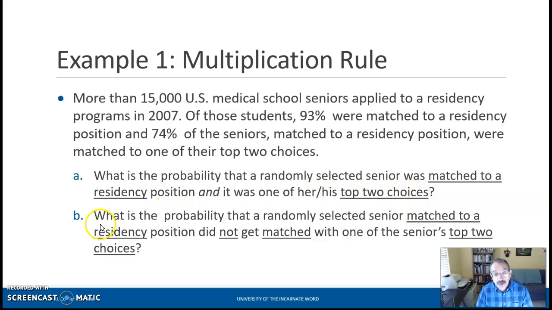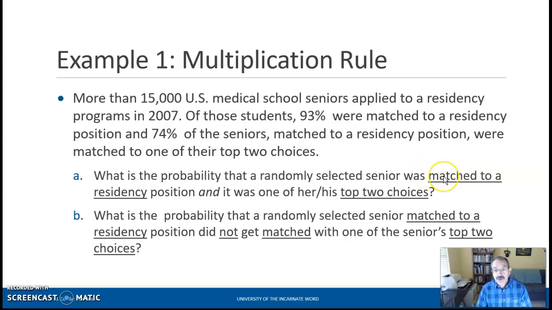The second question is, what is the probability that a randomly selected senior matched to a residency position did not get matched with one of the senior's top two choices? So when you solve these problems, the very first thing to do is identify the events that they are talking about. And here I underline the text that corresponds to the events in each of the questions.